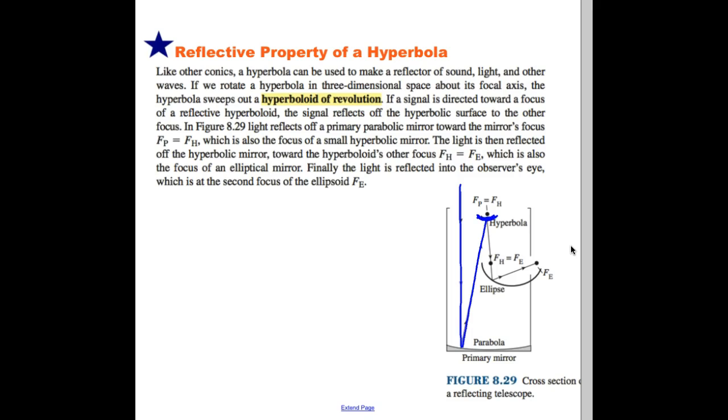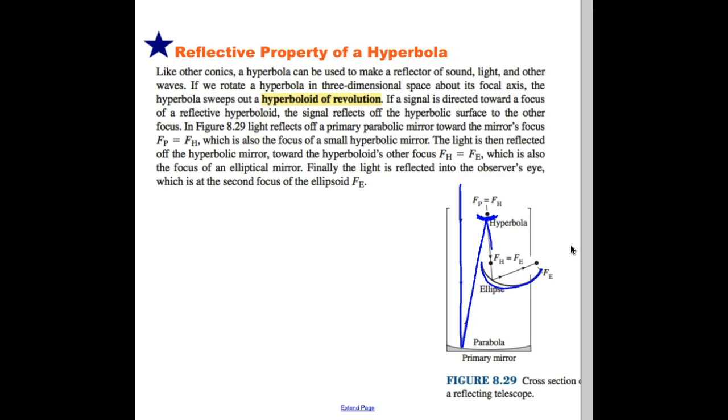Now they have positioned a hyperbolic mirror here, one branch of the hyperbola. Its focus is the same as the focus of the parabola. They lined them up, so that light is going to come in, bounce off the parabola, go up and hit the hyperbola, and bounce off of that. Then they've positioned an elliptical mirror here, and they've lined up the focus for the hyperbola and the ellipse.